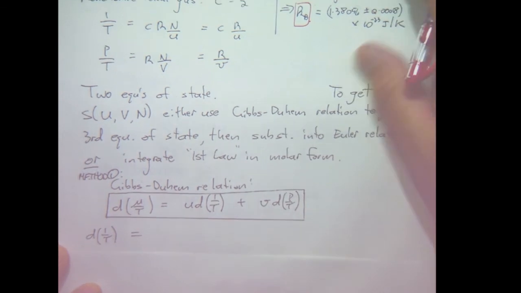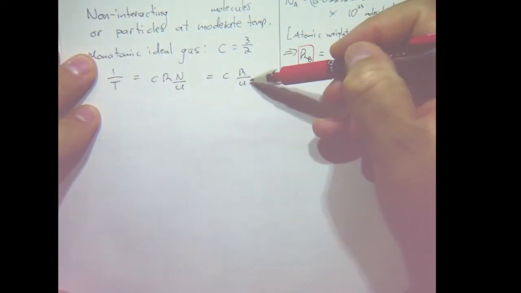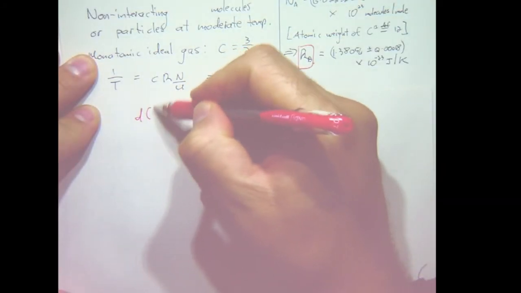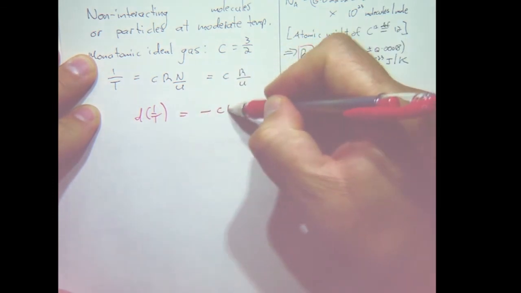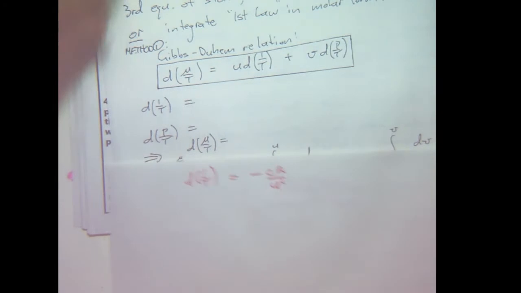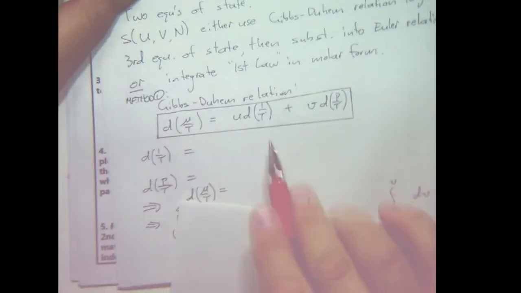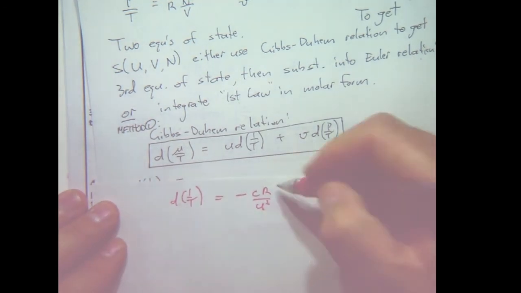So what's d(1 on T)? 1 on T is that, so d(1 on T) is minus CR on u squared, du. And d(P on T) we have to put in there. Sorry? du. Oh, du, yes.